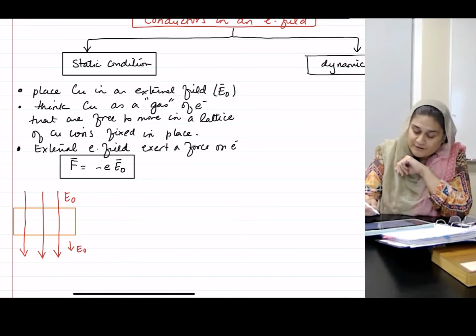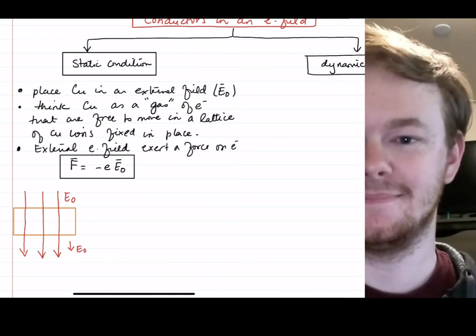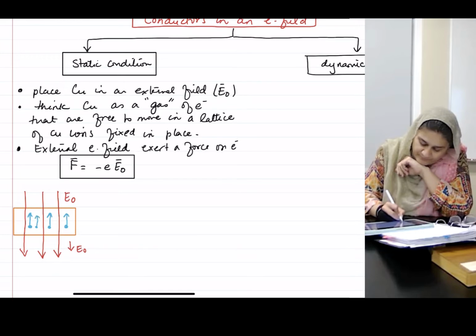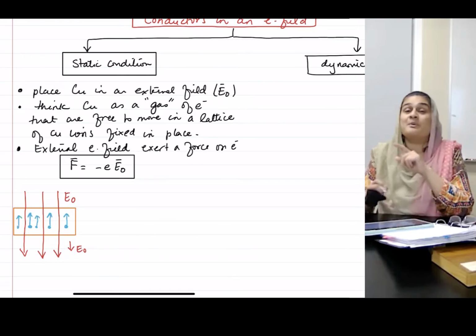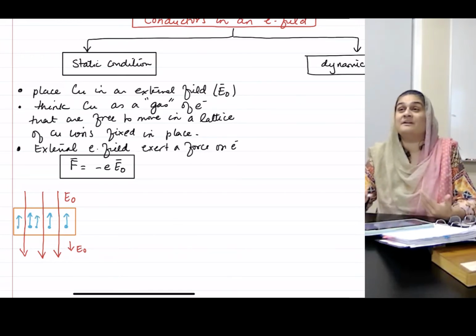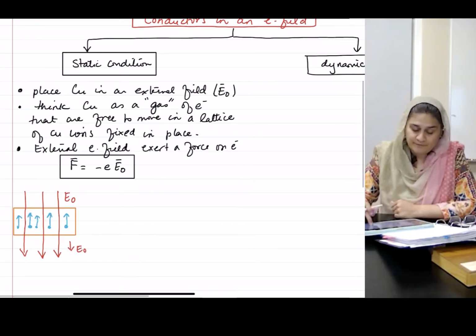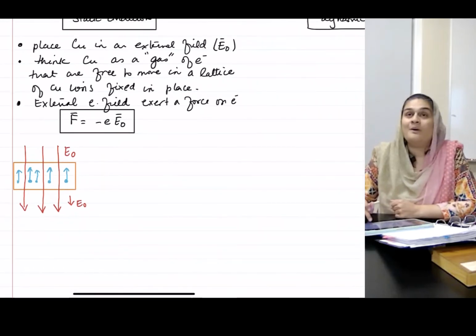Pick a color for electrons. Blue. So these tiny electrons will move up, in response to the E field, the external field that we're applying to it. What will happen?